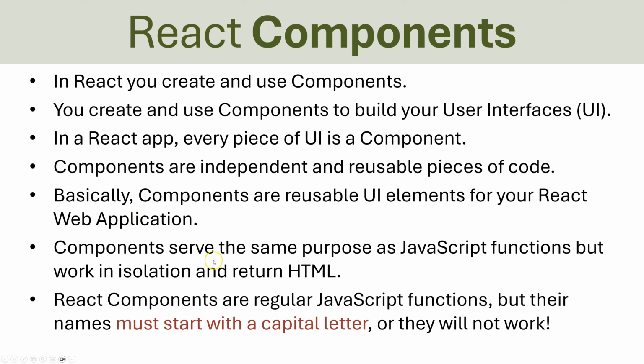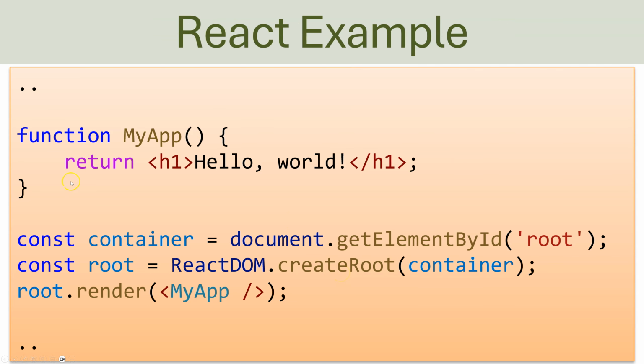I guess components serve the same purpose as a JavaScript function, but work in isolation and return pure HTML. As in this previous example, the my app component here returns pure HTML like this.